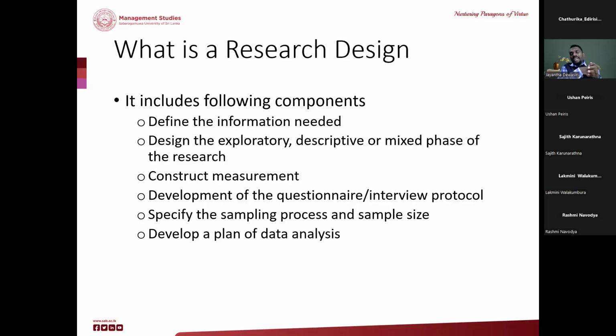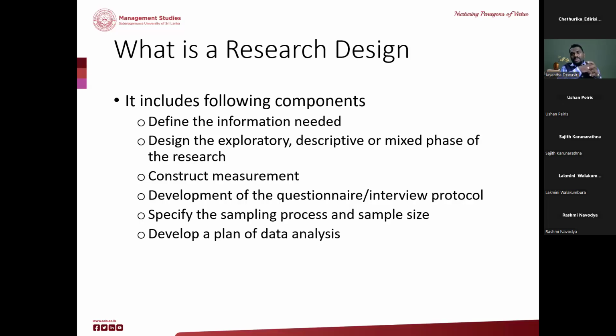In addition to that, the sampling process, sampling technique, whether it is non-probability sampling or probability sampling. If it is non-probability sampling, whether it is convenience sampling or purposive or judgmental sampling or snowball sampling or likewise, or if it is probability sampling, what sort of probability sampling, whether it is stratified random, simple random, systematic random, likewise.